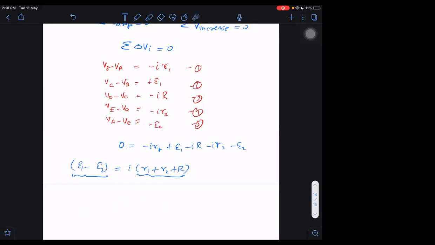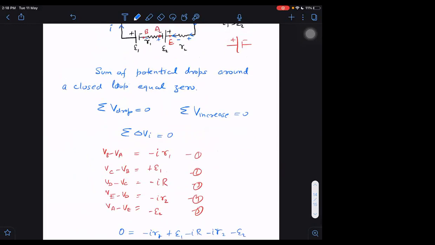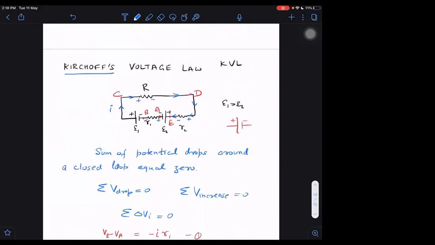Resistances in series will be added up, sigma R. This follows from Kirchhoff's law. I should have mentioned that Kirchhoff's voltage law follows from conservation of energy. Kirchhoff's current law follows from conservation of charge.